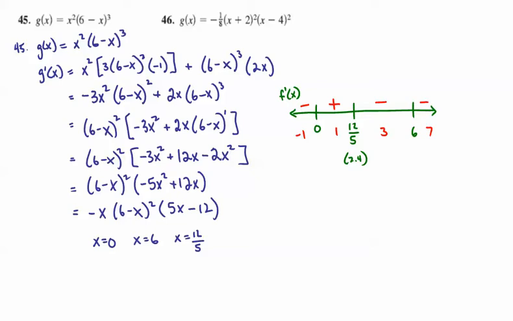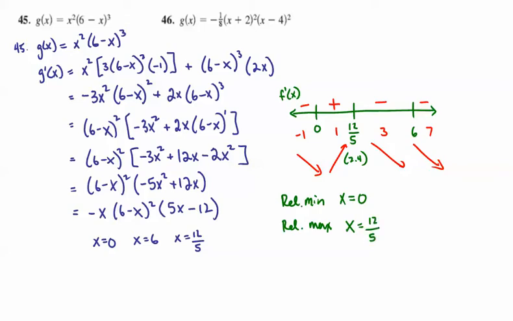So from this we can see that we have decreasing, increasing, decreasing, and decreasing. We're going to have a relative min at x equals 0, relative max at x equals 12/5.